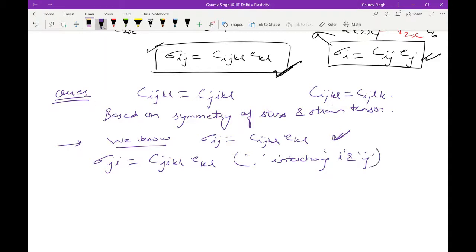Since both of them go from 1 to 3, we are interchanging i and j. That's the reason we can write this from the previous expression. We could have also interchanged i with k and k with j or l with i and so on. But that will not help us prove the property. So we are only making this interchange since it proves this property. And if you are ever in doubt how this works, well, expand this and expand this and see. You will get the exact same expression. So that's one easy way to convince yourself that by interchanging i and j, you are not actually changing the equation.